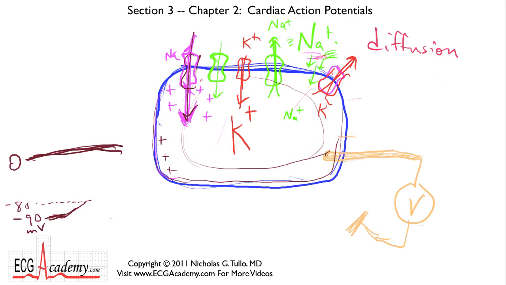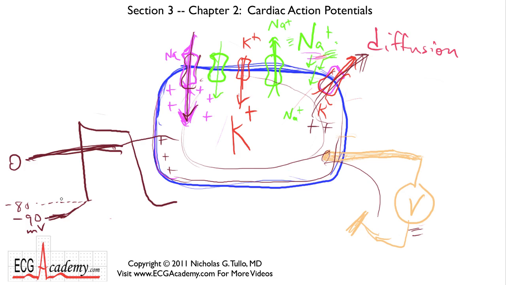So this voltage across the membrane that we're measuring with the voltmeter suddenly becomes positive. It goes up above 0, and it stays there for a split second until the potassium gates open up, and potassium rushes out of the cell, bringing all these positive ions out and restoring the normal resting gradient of about minus 90 millivolts.